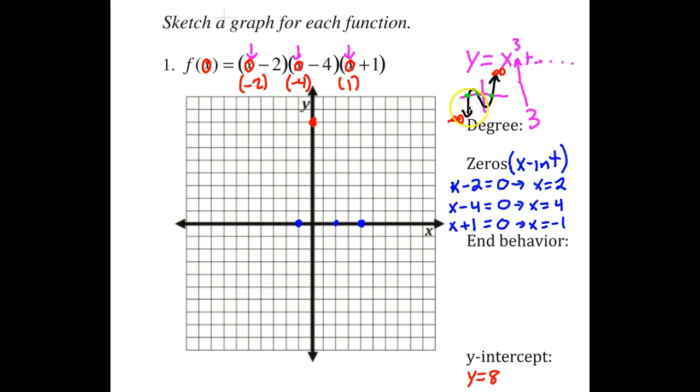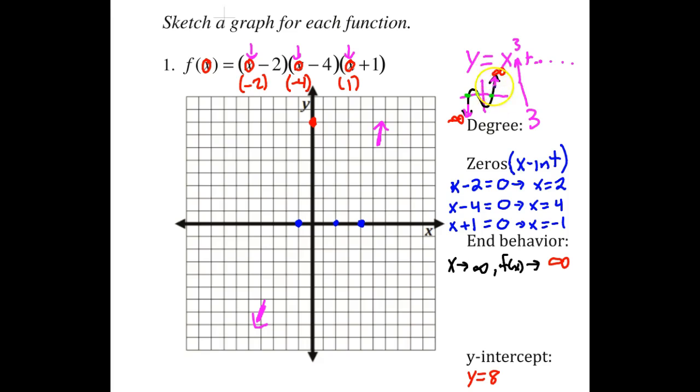So I know, because of that, my graph should start somewhere down here and go this way, and it should end going this way. Just like this graph goes down on the left and up on the right, so will this graph because they're both x to the third. And the middle is going to be different, but the end behavior is the same. And the proper way to write this out, we'd say as x gets closer to +infinity, f of x approaches infinity.